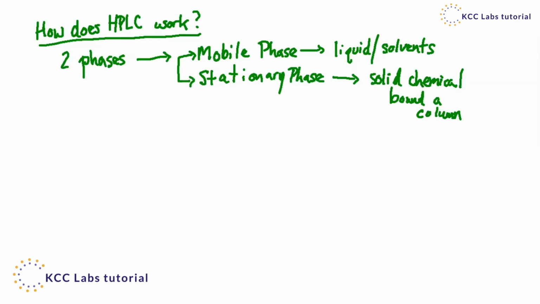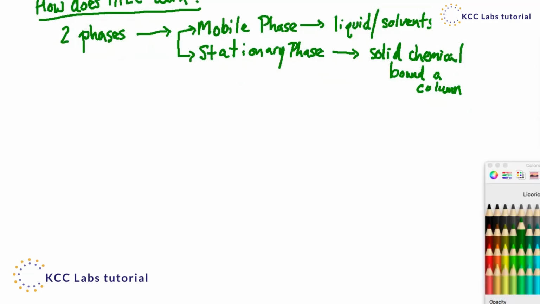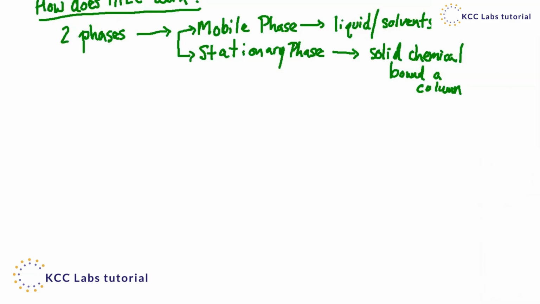All right, so to do a very simple picture, and we will have a larger visual as we wrap this first lecture portion up in a little bit, the way that this would work is you have your mobile phase. Now I'm just going to draw a single container of solvent. Many times in HPLC, you're going to end up having several different solvents, and the HPLC pumps can mix and match them at different rates.